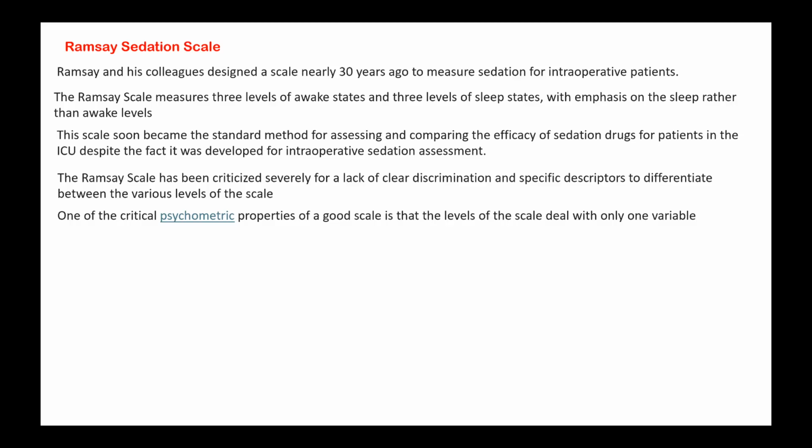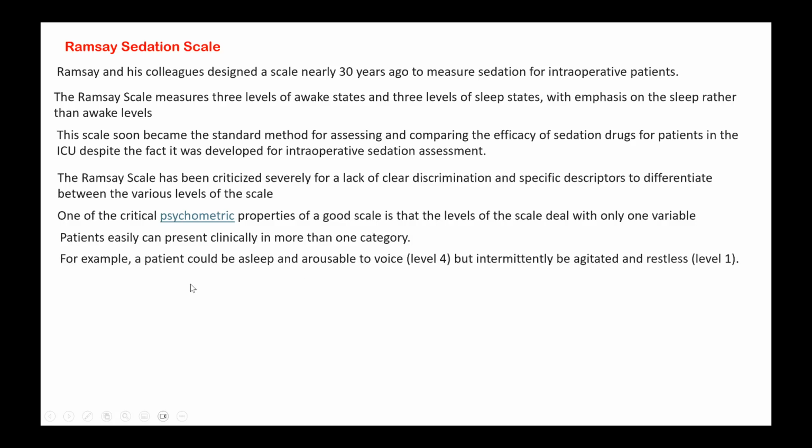Agitated should come as a second level. So combining two or three variables in the same level is the one which confuses the assessment of sedation, and that is the reason why they criticize that. And patients can easily present clinically in more than one category when you use this scale. For example, a patient could be asleep and arousable to voice, which is coming under level 4, but intermittently be agitated and restless.